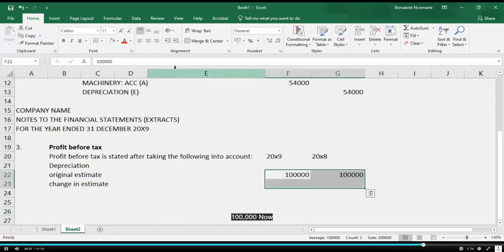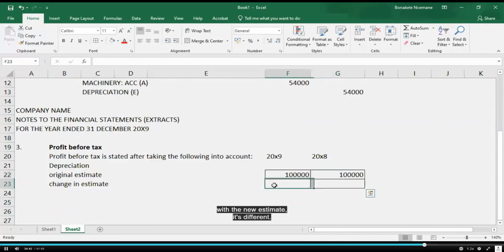Now with the new estimate, it's different. The previous year, 20X8, there was an 18,000 difference, and there was also an 18,000 difference in 20X9. But remember, changes in estimate, we only adjust them in the current year and the future years. So whatever the impact was in 20X8, unlike in a correction of error, it will be zero. It will be adjusted though in the current year using cumulative catch-up.